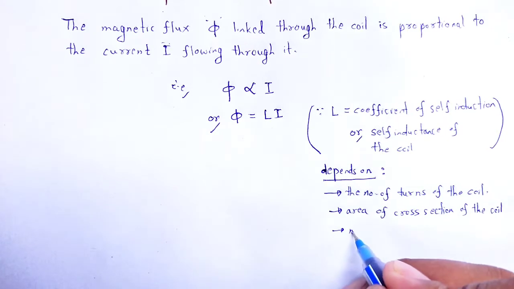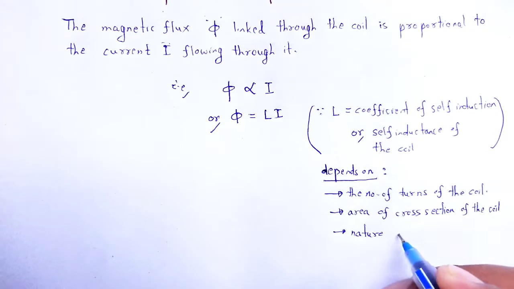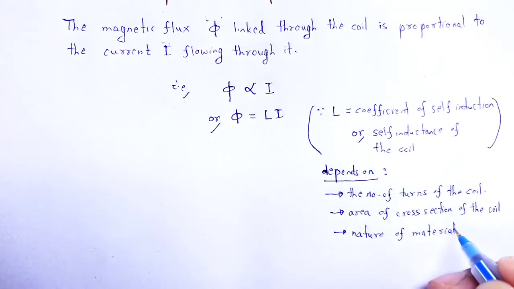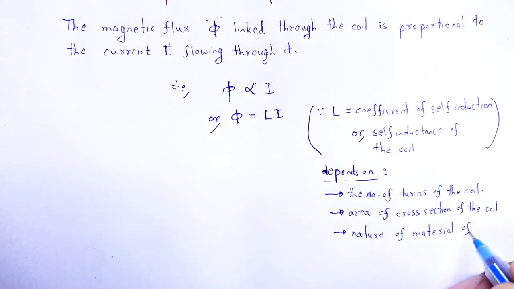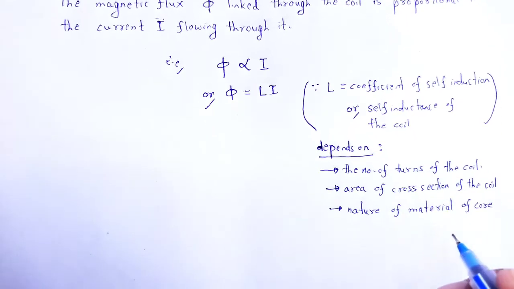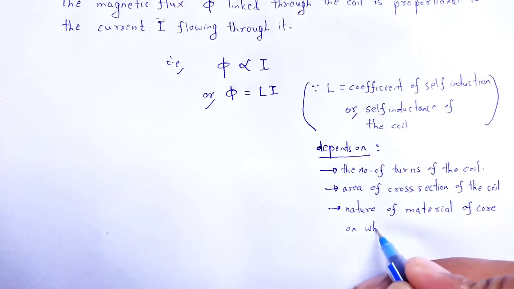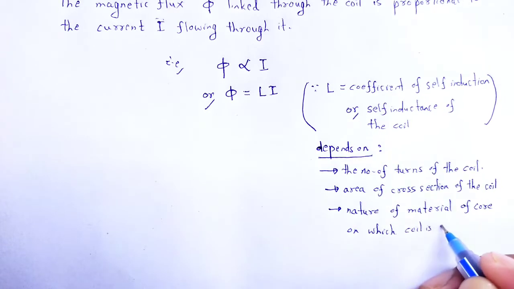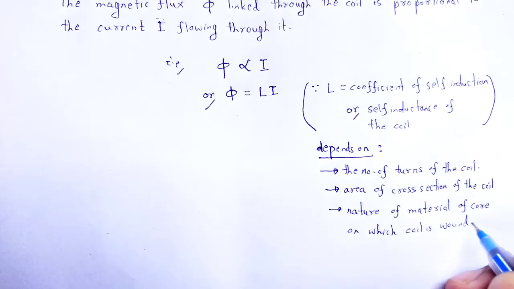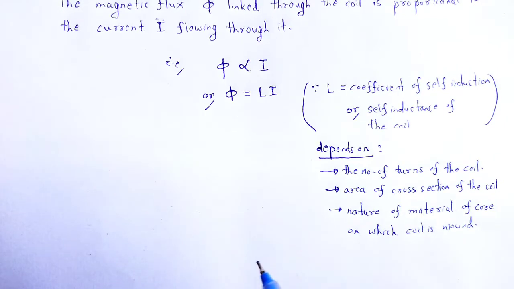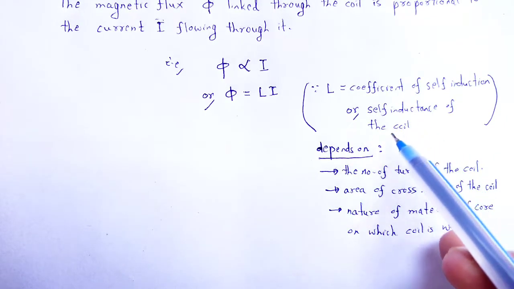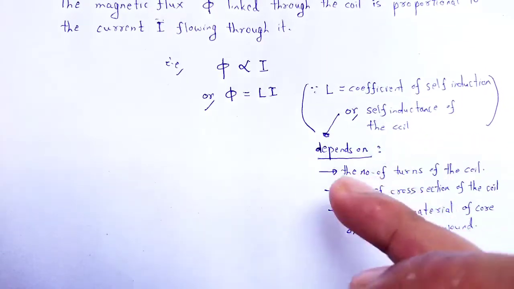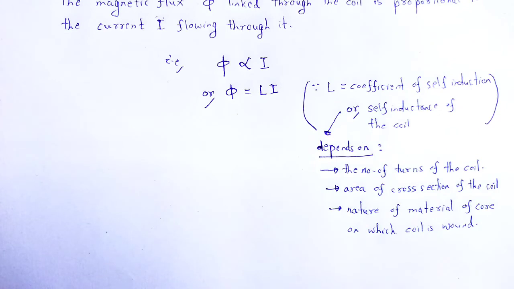So, the nature of the material of the core on which the coil is wound. Self inductance depends upon these points.